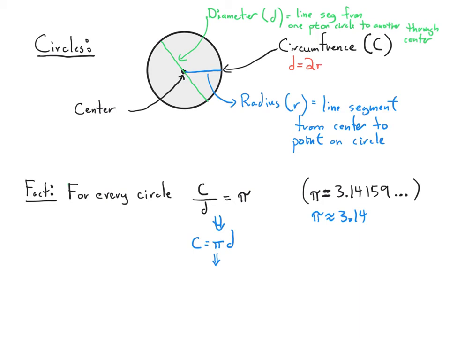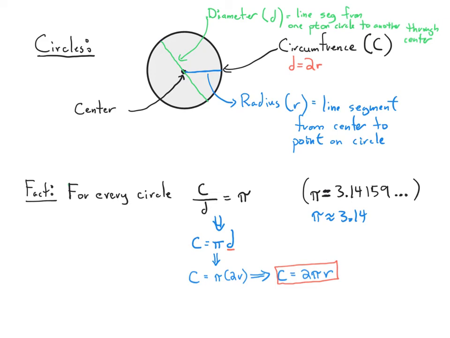So if I replace d with 2r, you get c equals pi times 2r. And usually people express it as the circumference equals 2 times pi times the radius. So your circumference is indeed that formula there.